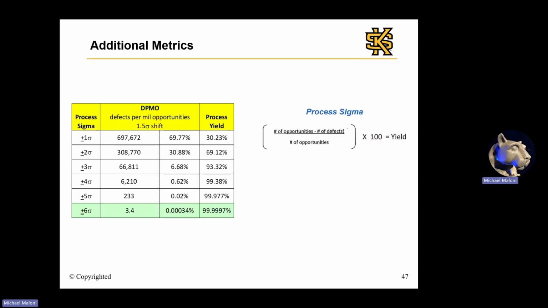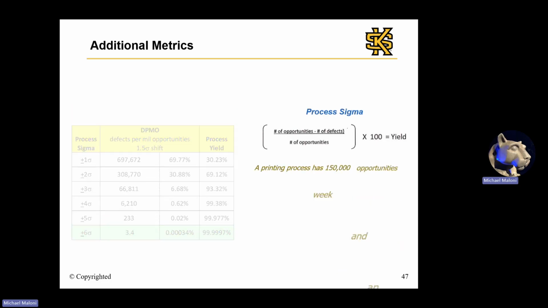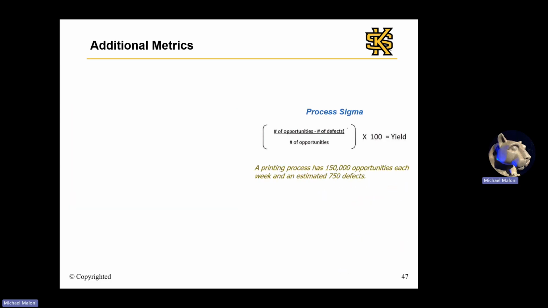So let's try an example with a printing process that has 150,000 opportunities each week, meaning that it prints 150,000 items each week. And this past week, 750 were defective.